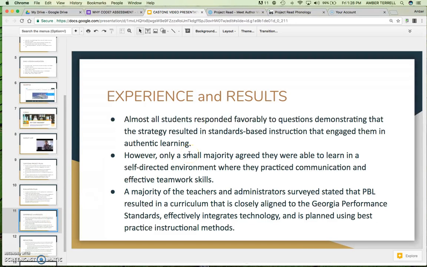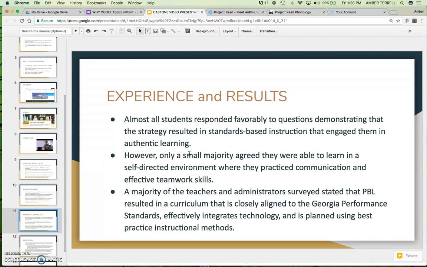The results of this experience were that almost all students believed that the strategy was standards-based and that they were engaged in authentic learning. However, only a small majority agreed that they were able to learn in a self-directed environment and that they had the chance to practice their communication and effective teamwork skills.